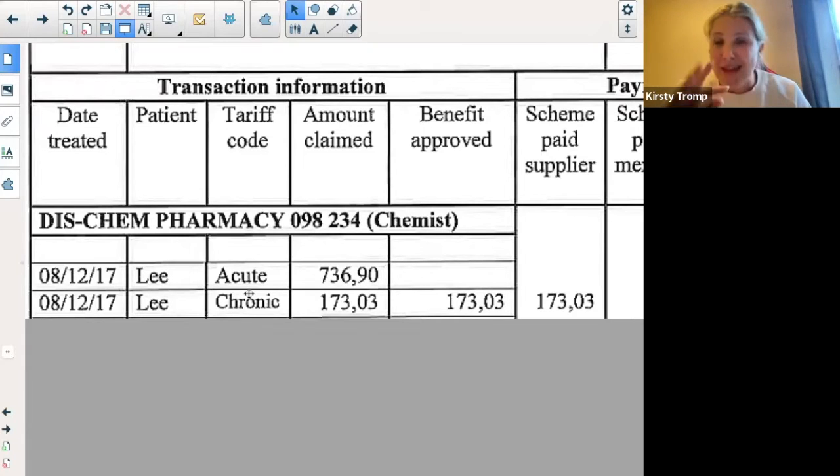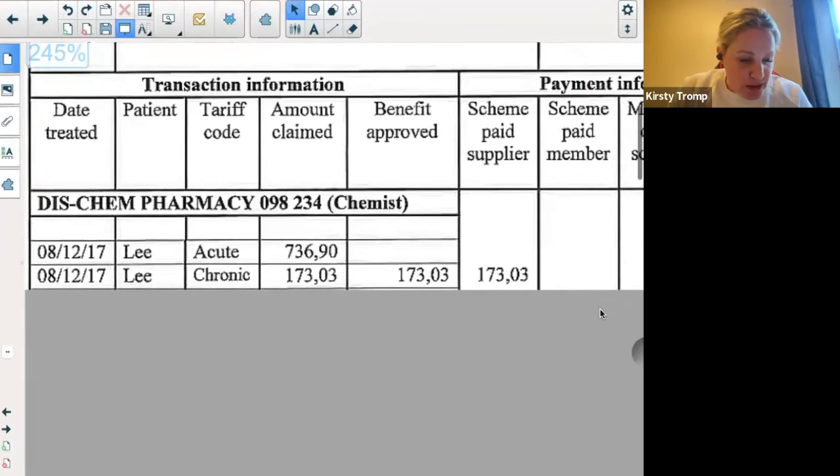But we just need to see that there has been a difference here in the details. This time it's 173 Rand and 3 cents. But under benefits approved, now we see 173 Rand and 3 cents. And underneath where it says scheme paid to supplier, we see 173 Rand and 3 cents.